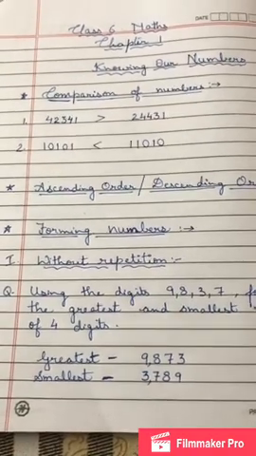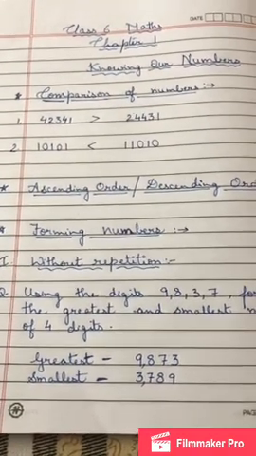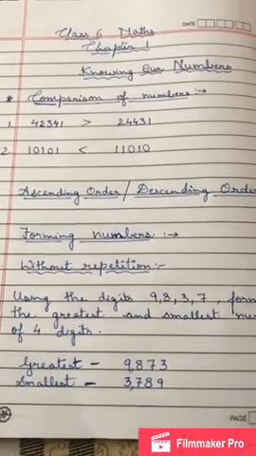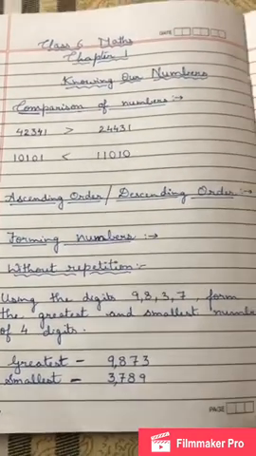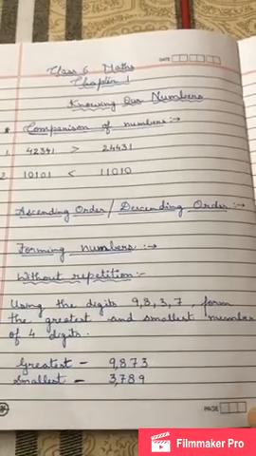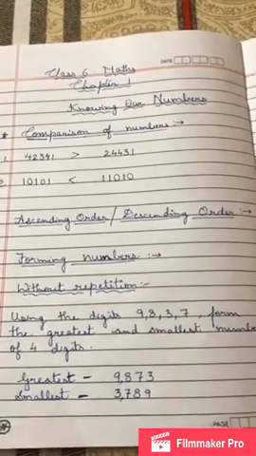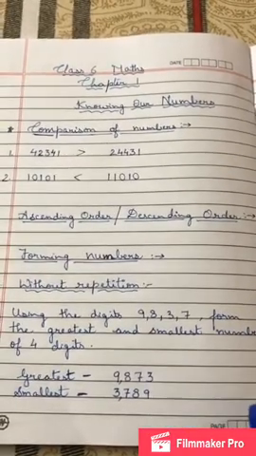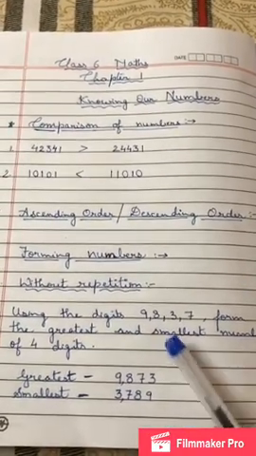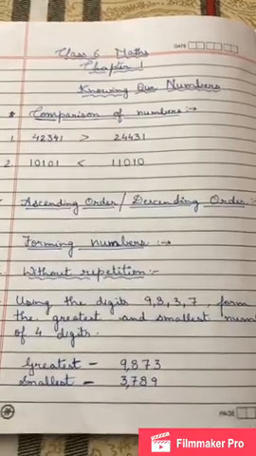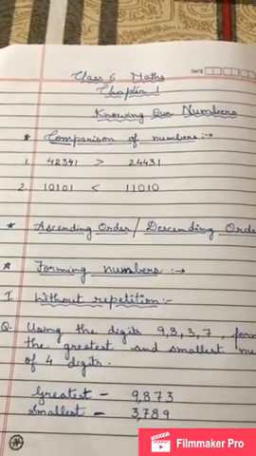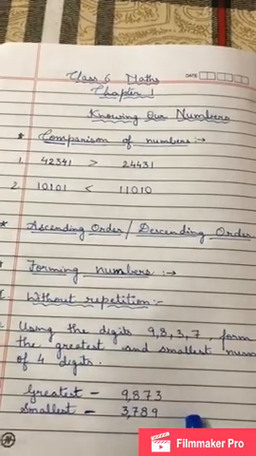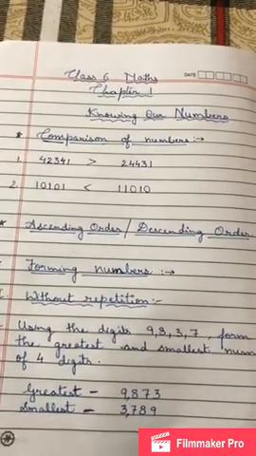So based upon the first type, we have the question: using the digits 9, 8, 3 and 7 form the greatest and the smallest number of 4 digits. So we can make a number consisting of 4 digits only and the 4 digits are given. You just have to arrange these digits from greatest to smallest and from smallest to greatest.